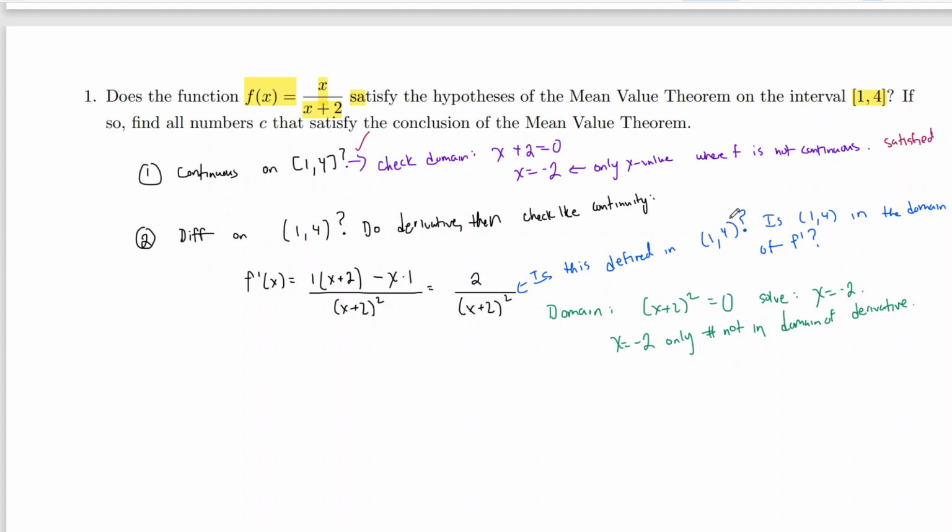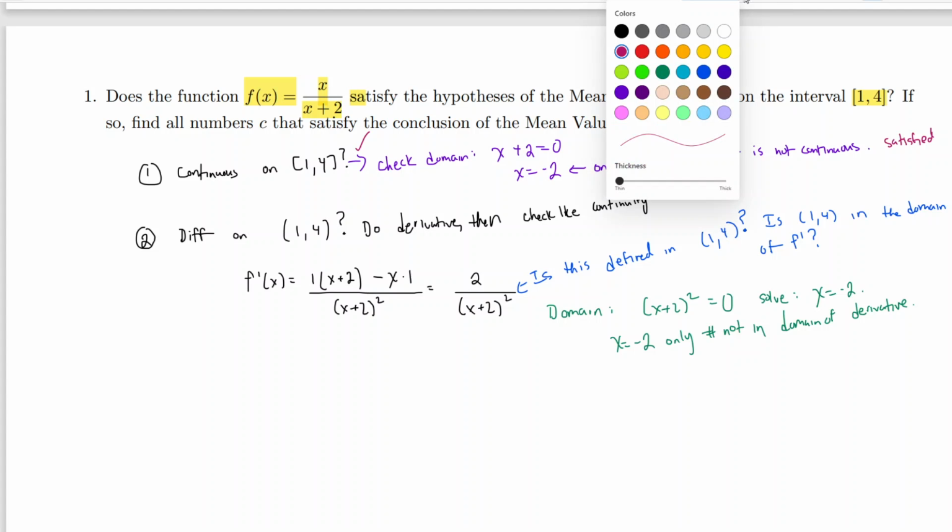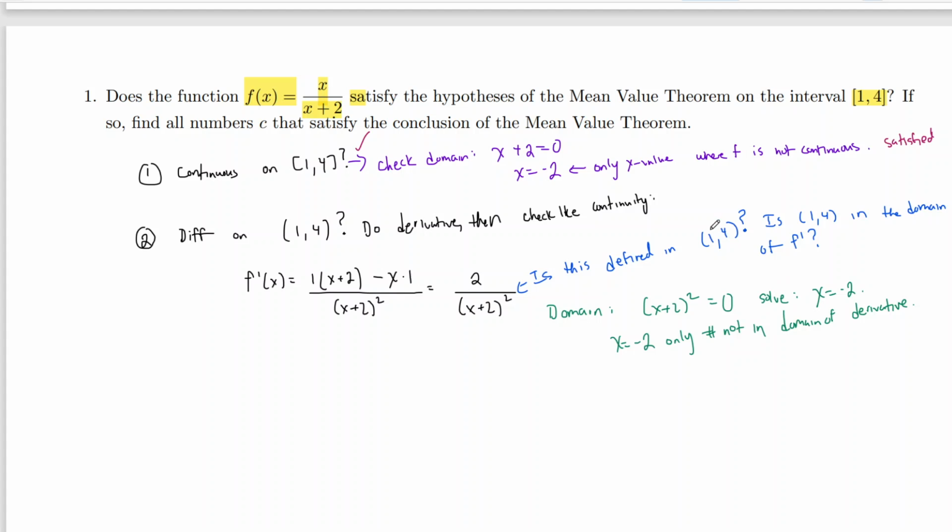Well, -2 is not between 1 and 4, which means we satisfy both conditions. This is also satisfied because -2 is not between 1 and 4. Or we could say since -2 is not in the open interval (1, 4), this condition is also satisfied.